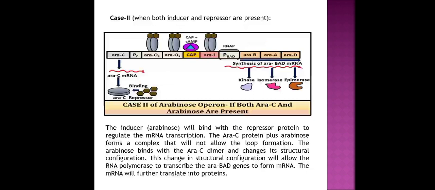The Arabinose binds with the araC dimer and changes its structural configuration. This change allows the RNA polymerase to transcribe the araBAD genes to form the mRNA. Here within this diagram we can observe such a condition, and due to the presence of inducer there is also the presence of cAMP, which is responsible to activate the CAP site and also positively regulate the gene expression.